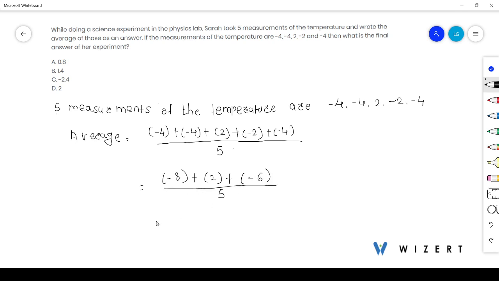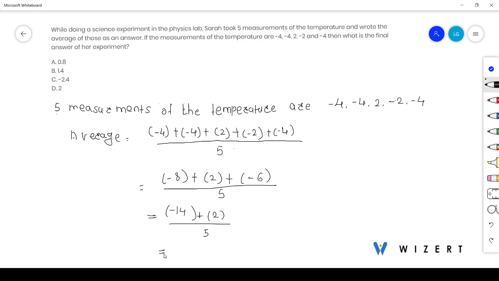divided by 5. Now similarly here, to add this -8 and -6, firstly ignore the minus sign and add the integers like a usual addition. So 8 plus 6 is 14. Then attach a negative sign, plus 2 divided by 5.